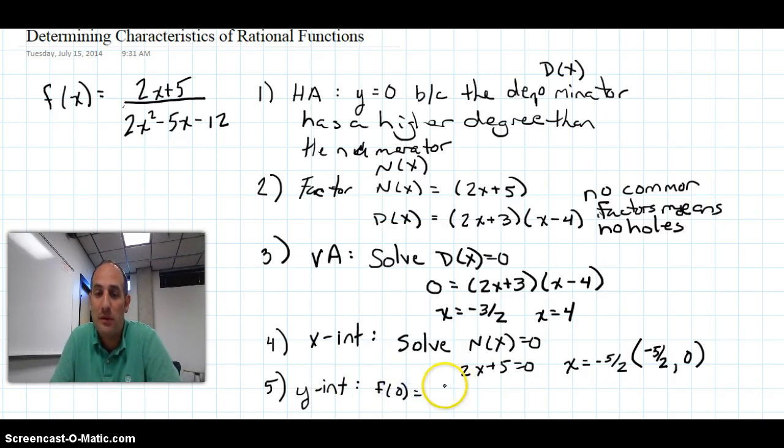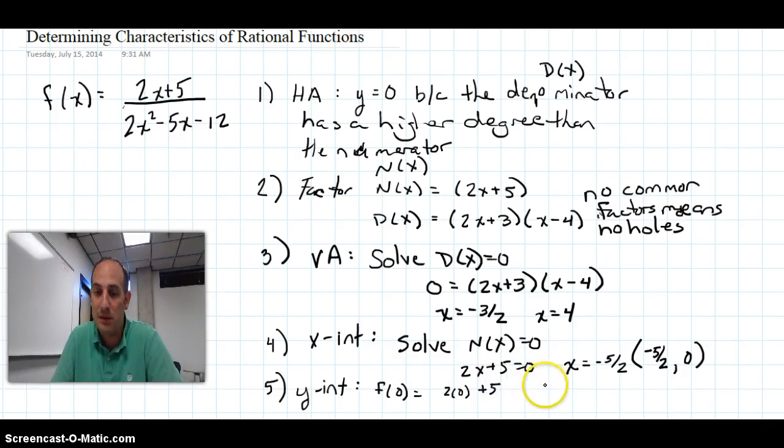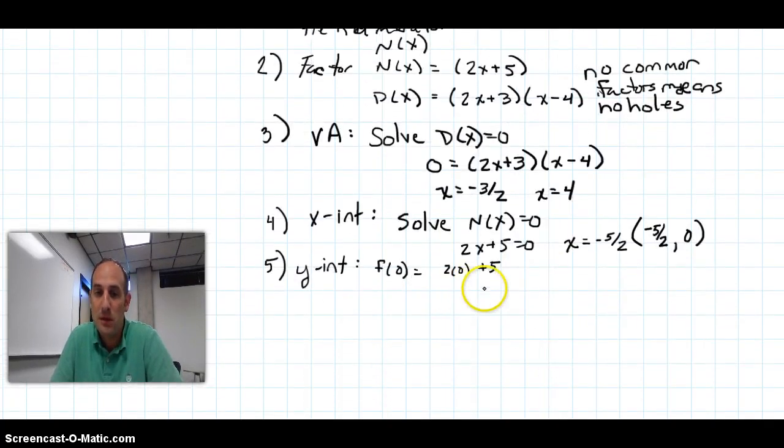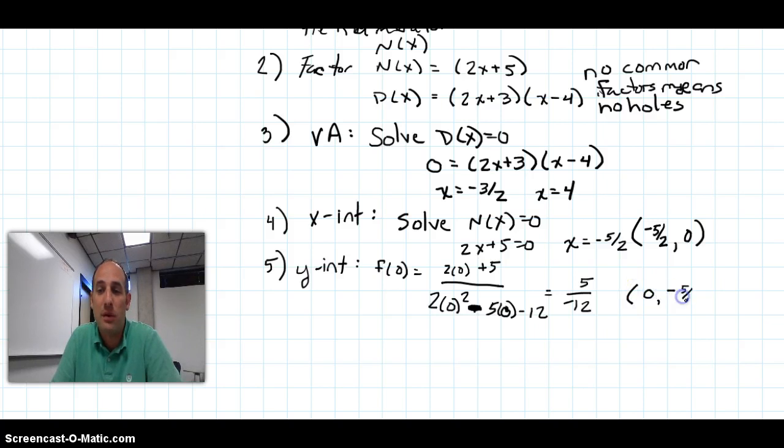And when we do that, it's going to end up being 2 times 0 plus 5 over 2 times 0 squared minus 5 times 0 minus 12. And you can notice that everything's going to cancel out except for the 5 and the negative 12. So my y-intercept is going to be 0 for x, negative 5/12 as a fraction for y.